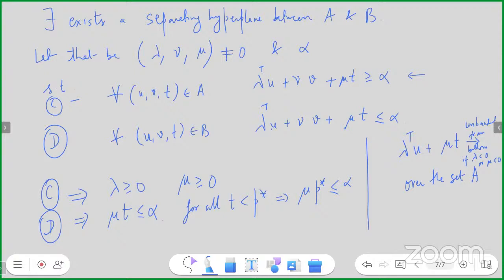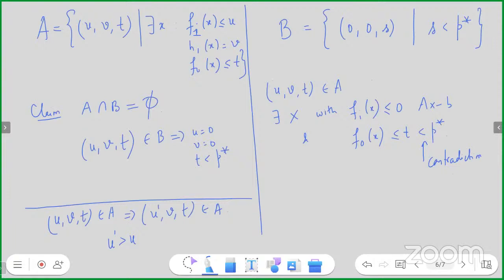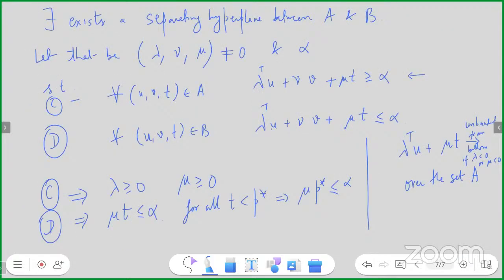Okay, U, V, T are equal. What is D? They are all going in the same direction. If I ask you to replace the left hand side of this, what can you replace with respect to Fi of x or F1 of x, Ax minus B, and F0 of x?